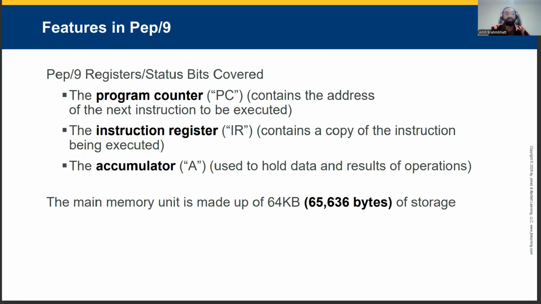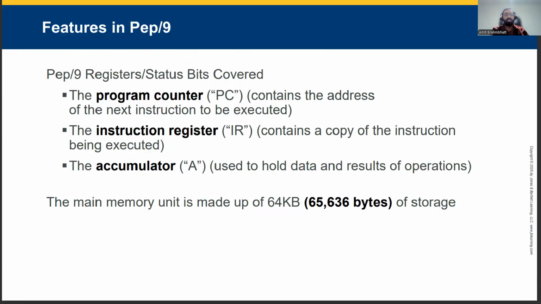PEP9 features. Here, we look at the main register and memory structure inside the PEP9 machine. The program counter, PC, holds the address of the next instruction to execute. The instruction register, IR, contains a copy of the instruction currently being processed. The accumulator, A, is used to hold data and computation results.